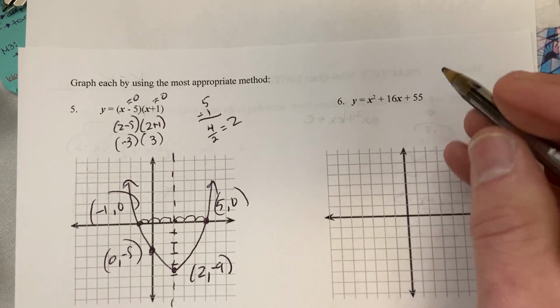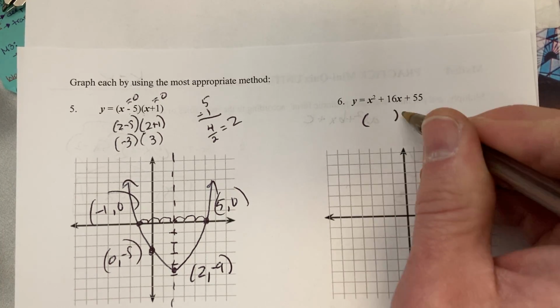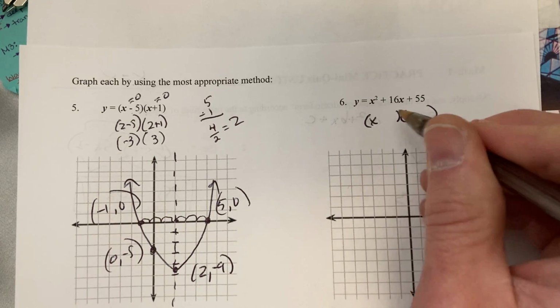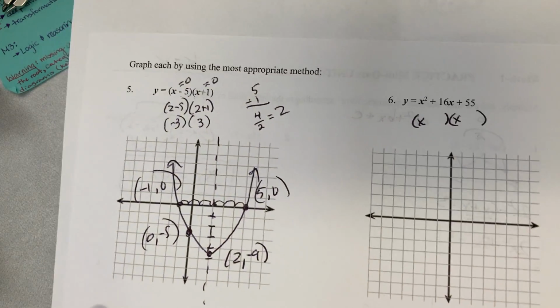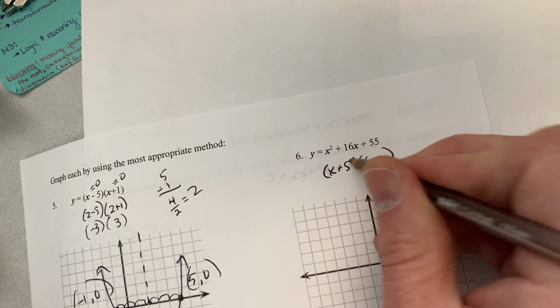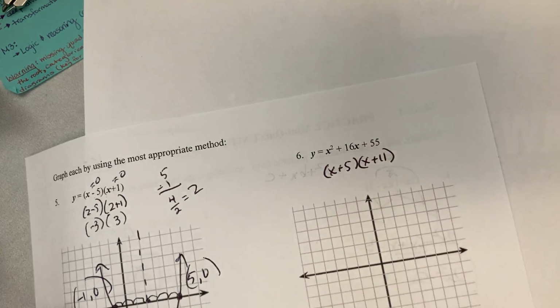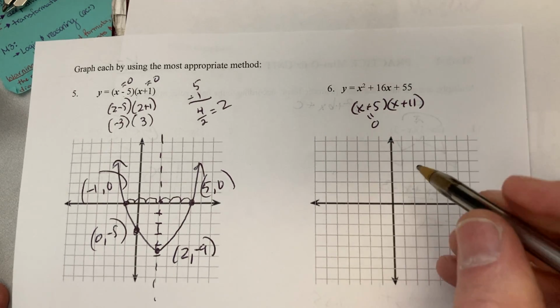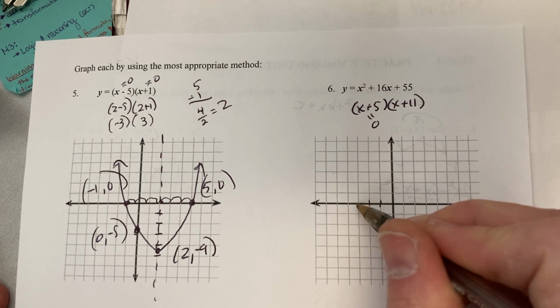Here, same thing. I'm looking to factor this, though, so I can get it into this easy form. So when I factor, x and x, guess what? That was just like this problem on this page. So we've already done that work, making life a little bit easy for us. Plus 5, plus 11 now means that I can say, well, when is this 0? That's at negative 5. I'm going to go 2, 4, 6, 8.